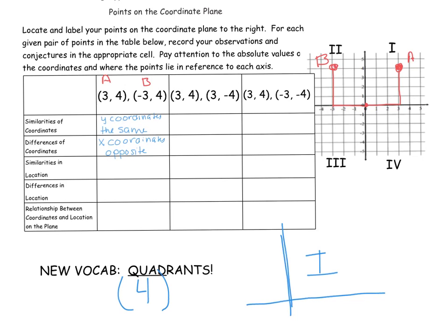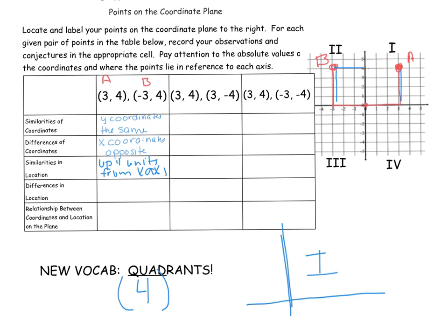So the similarities in location. If I look at what is the same about them, it's easy for me to see that they're both up 4 units from the x-axis.